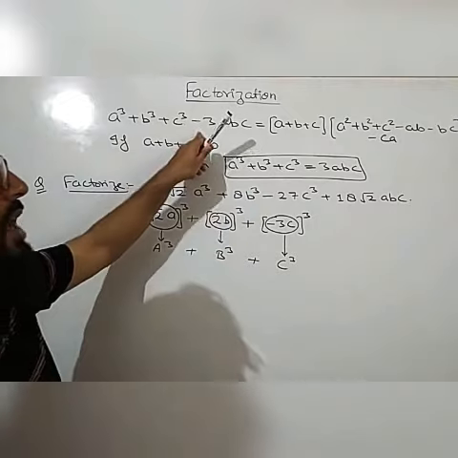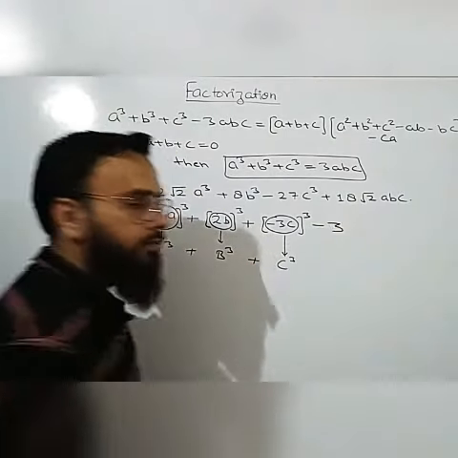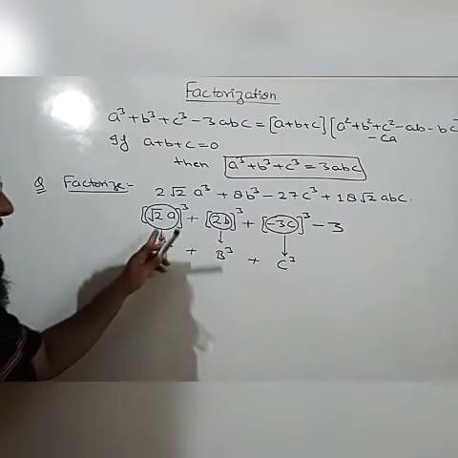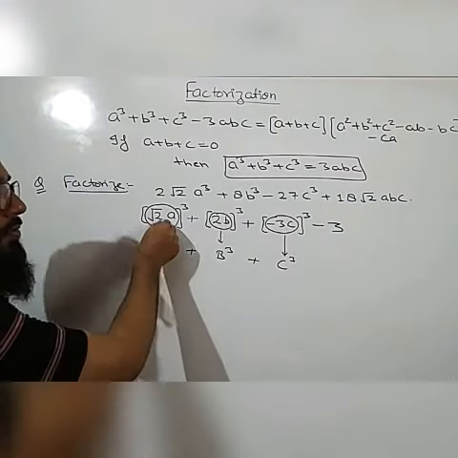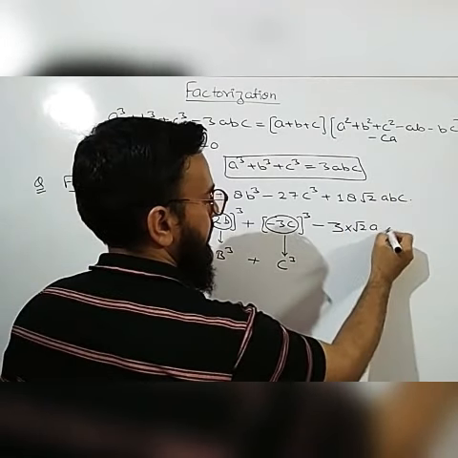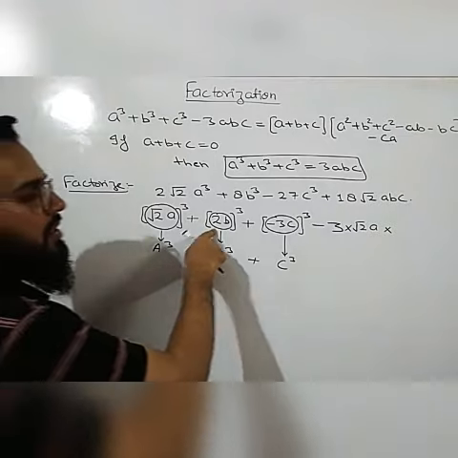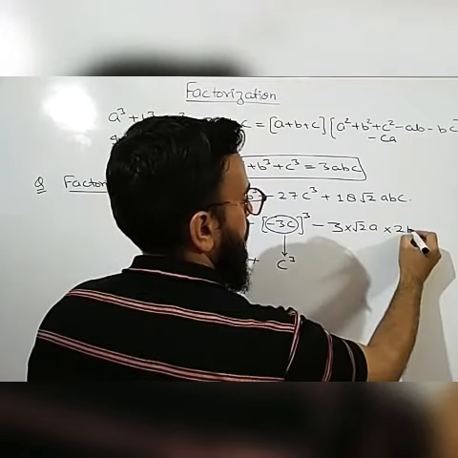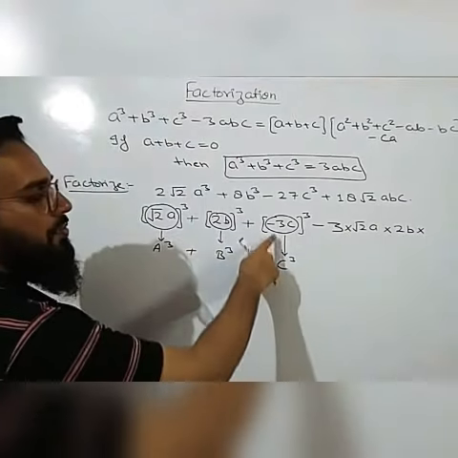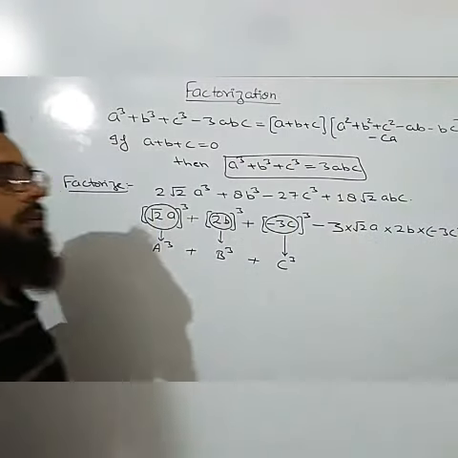Now the next term is minus 3abc. So first we write minus 3. Now put the values of a, b and c. What is the value of a? It is root 2 a. What is the value of b? It is 2b. And what is the value of c? It is minus 3c.